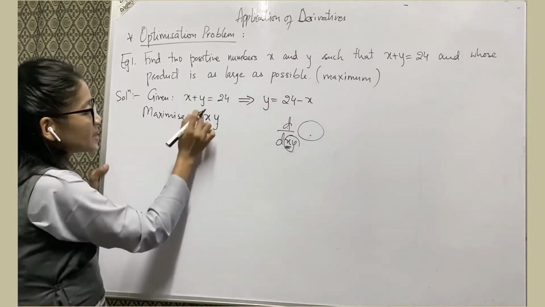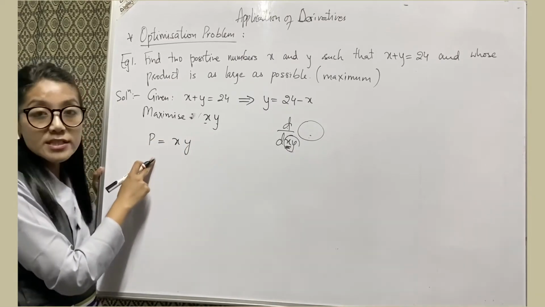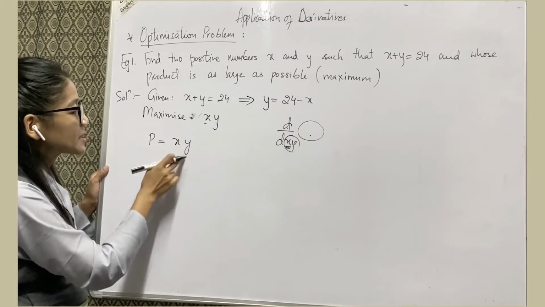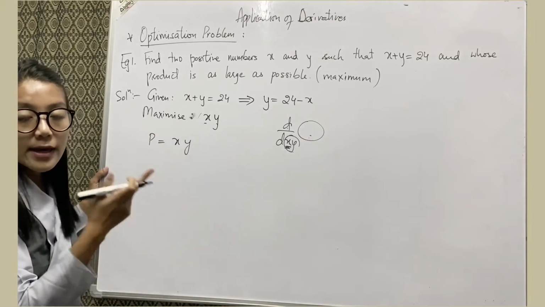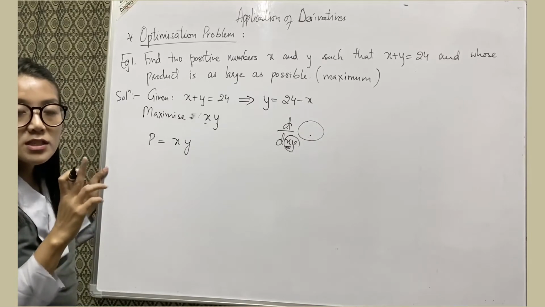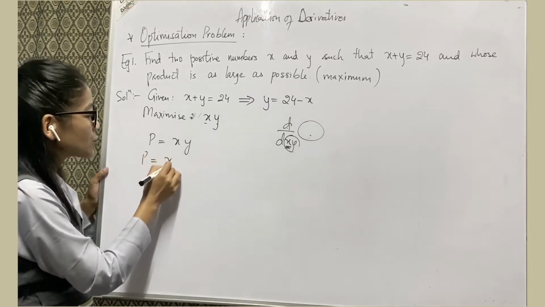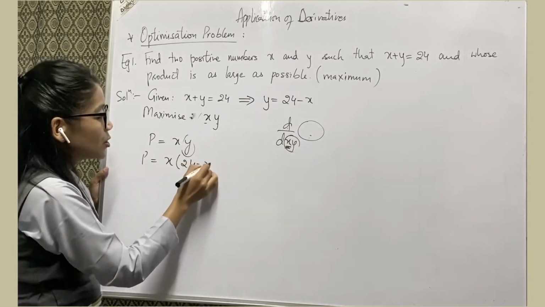If I write, what is this? This is the product. P is equal to xy. Now this quantity is to be optimized. First you will either express this in terms of x or in terms of y, but it has to be converted in terms of only one variable. So I will write P is equal to x, and instead of y I can write 24 minus x.